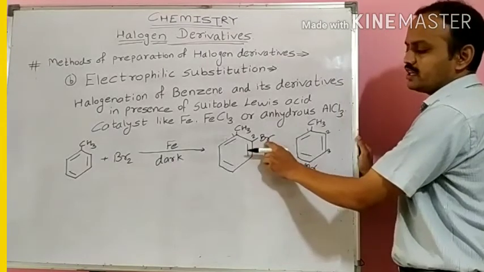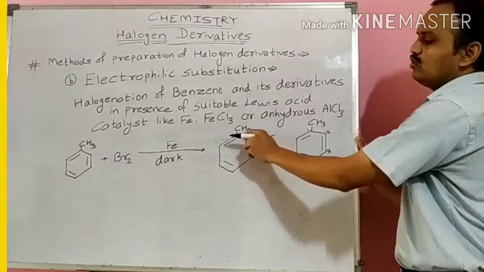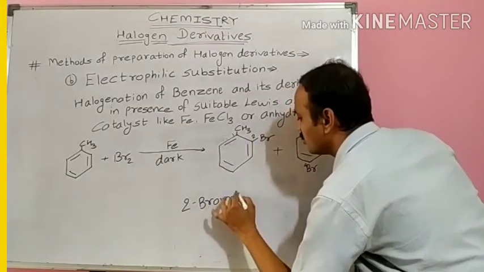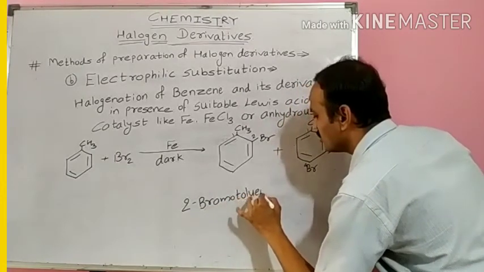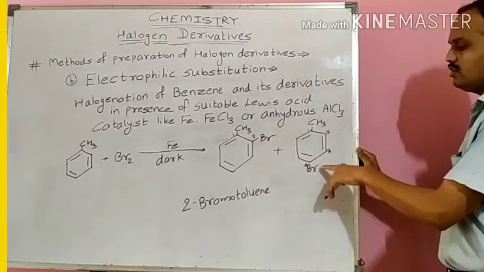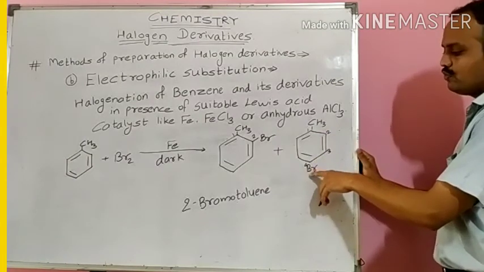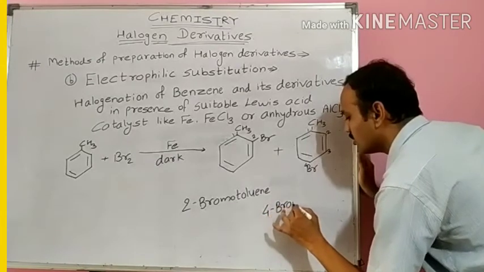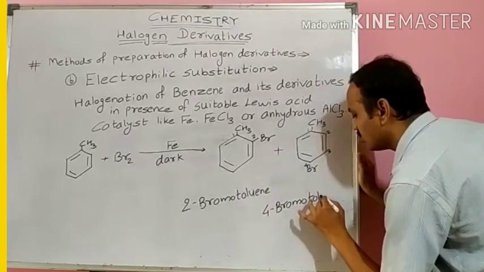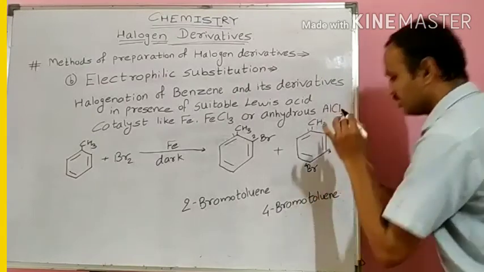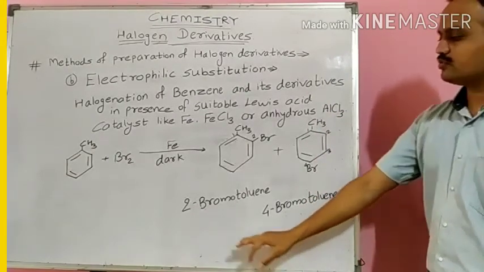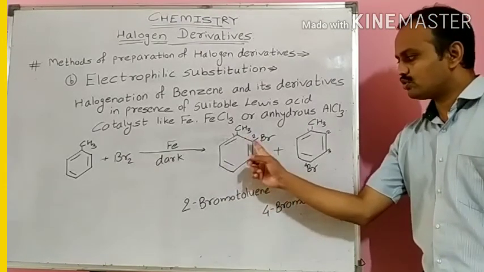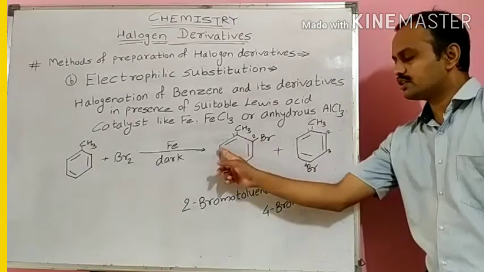The names of these compounds: o-bromotoluene because bromine is attached to the ortho position.